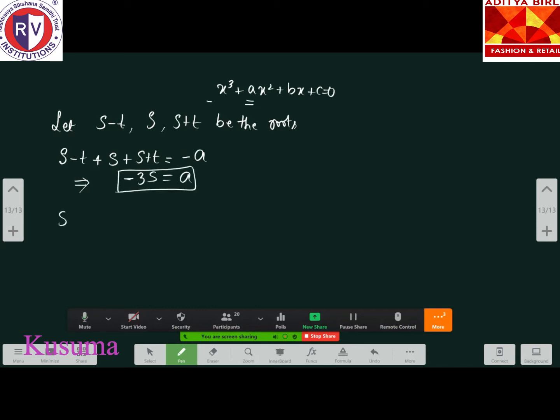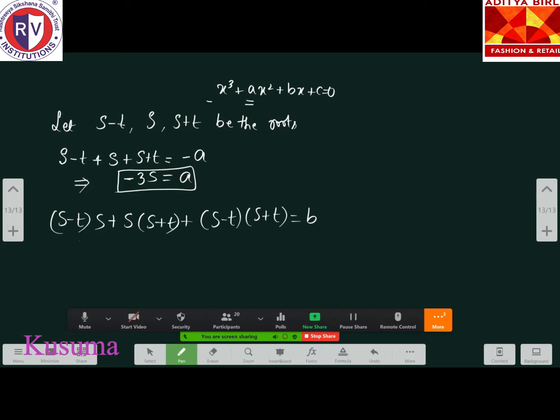And s minus t into s, plus s into s plus t, plus s minus t into s plus t will give us b. Let us simplify this one.